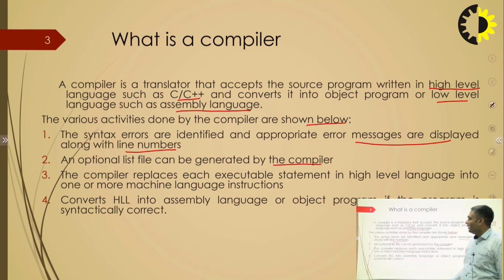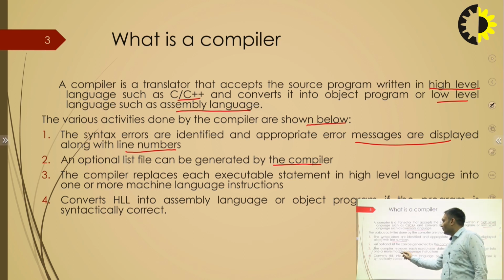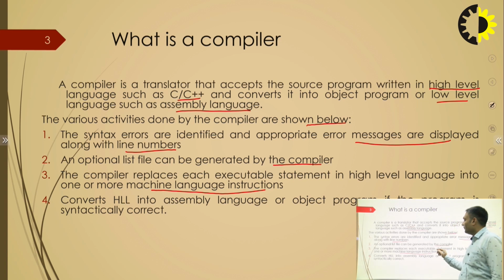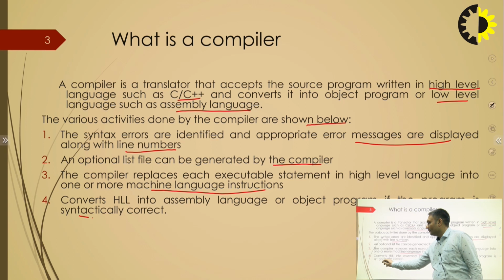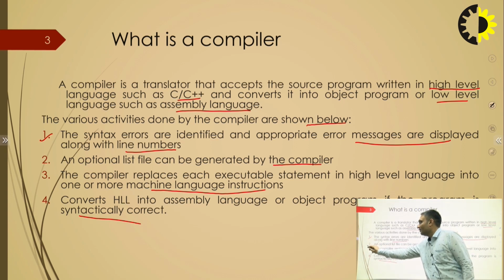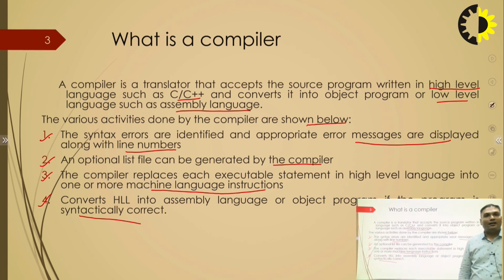And third, compiler replaces each executable statement in high level language with one or more machine level language instructions, and it converts high level language into the assembly language or object program if the program is syntactically correct. So basically these are the four activities done by the compiler to translate a high level language program into the machine level language program.